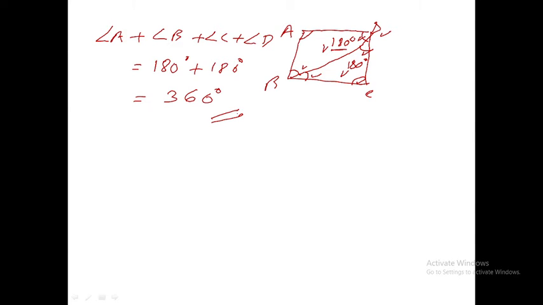So the sum of the four angles of a quadrilateral is 360 degree. The sum of the angles of a quadrilateral is 360 degree.